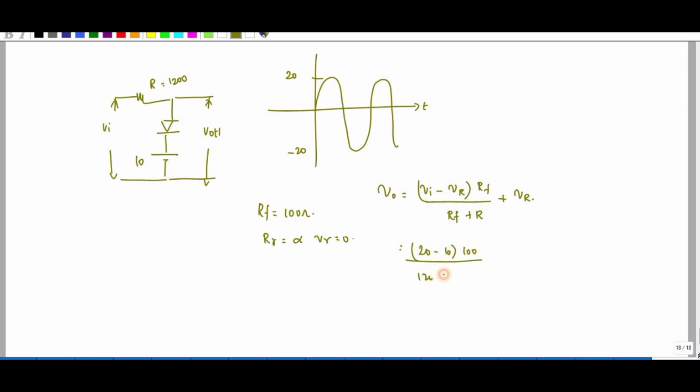RF they have given us 100 ohm, divided by 1200 plus 100, plus 10. So if I solve, I will get 10.78. So simply this is 0.7, you will get 10.7. So this is your VI, and the V0 must be nothing but 10.78.